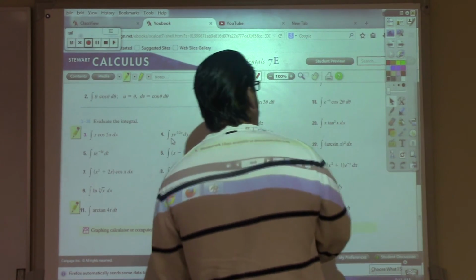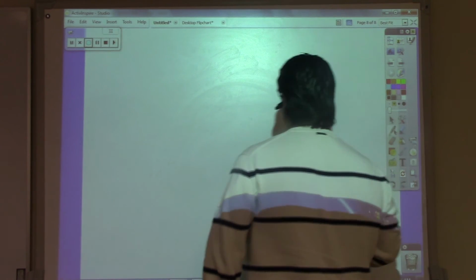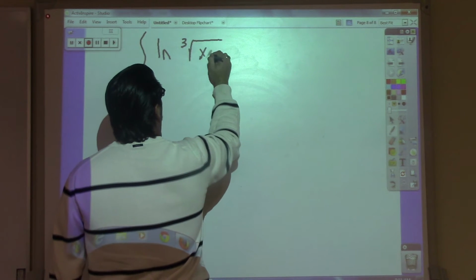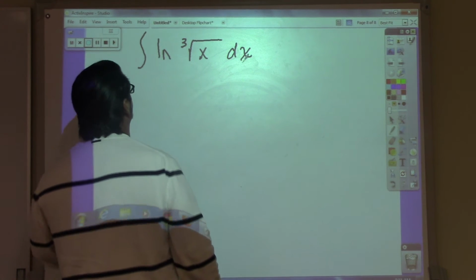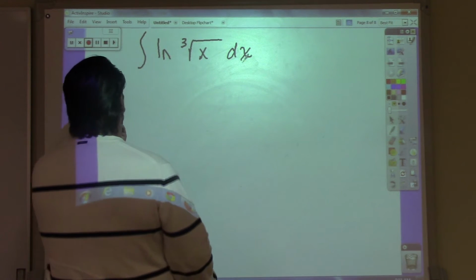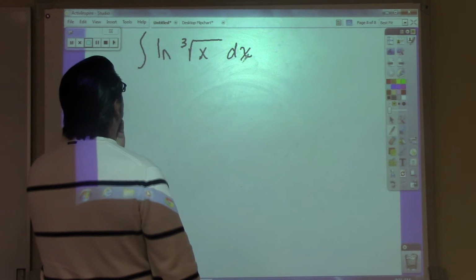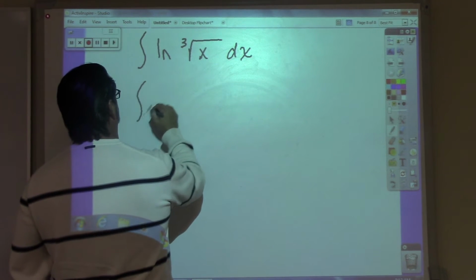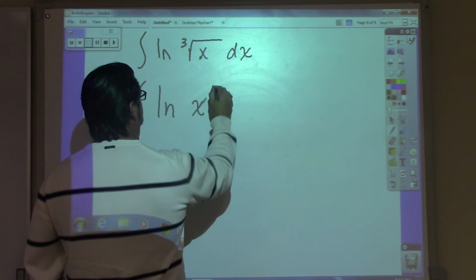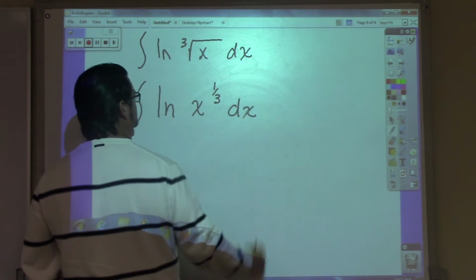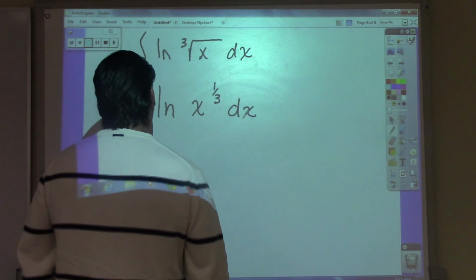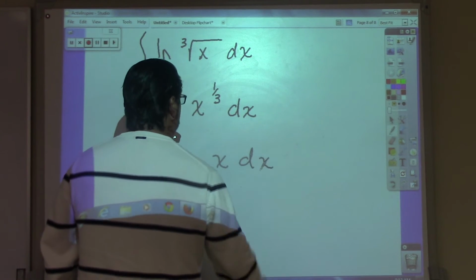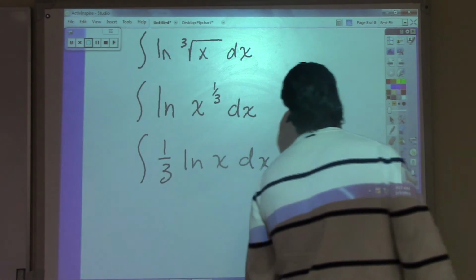Integral of log of cube root of x dx. Are all three of those the same thing?